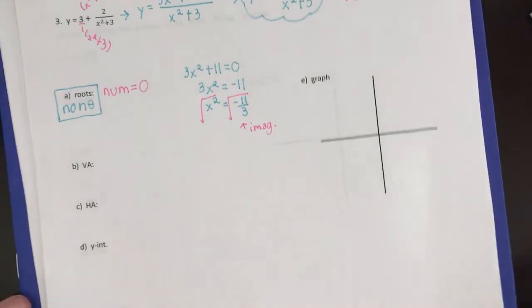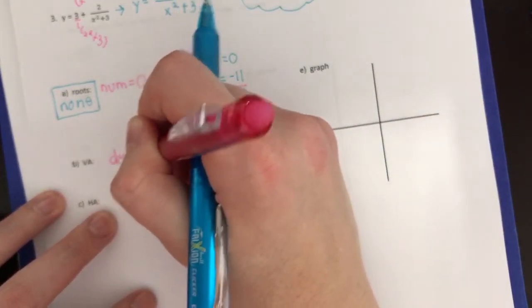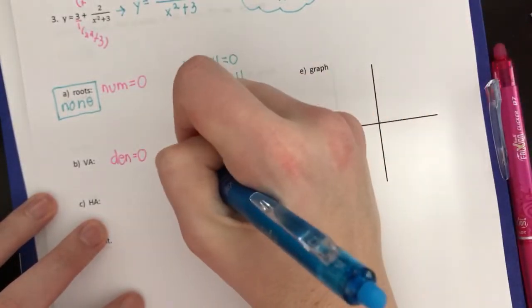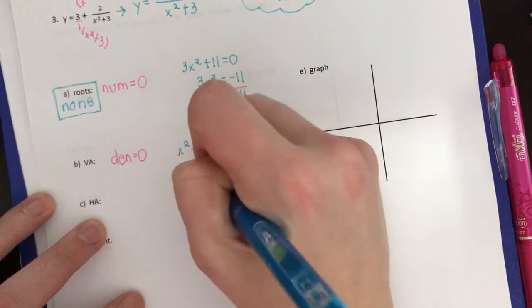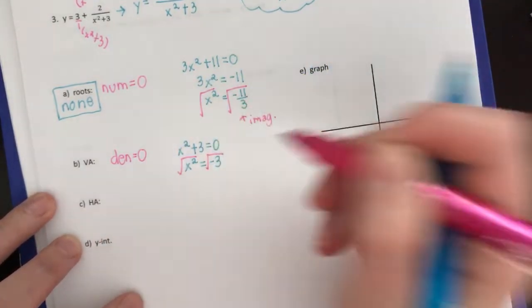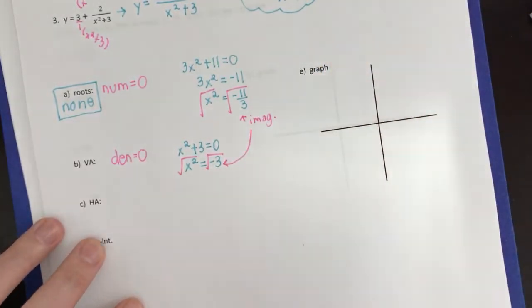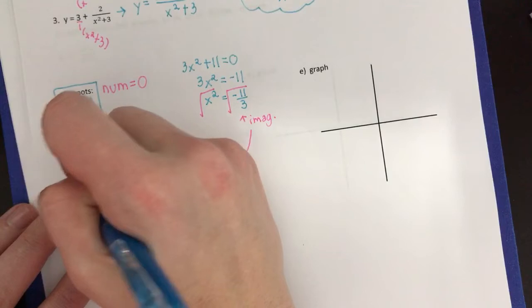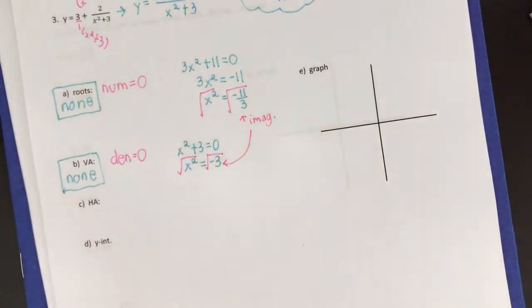Okay, VA. Denominator equal to 0. So in other words, x squared plus 3 equals 0. Same situation where you have that negative under the radical. So we'll go ahead and just save some time. No VA. We're going to talk about what that means in a minute.